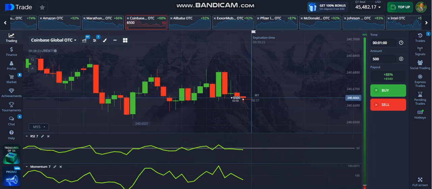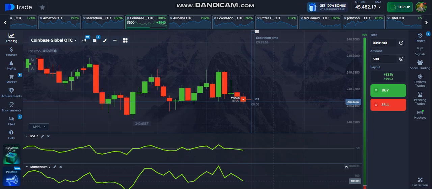Okay, so I'm on Coinbase Global here, and I just took a sell trade. The reason why I took the sell trade here is the RSI line, the green RSI line, crossed below the 50 line on the indicator here. And secondly, if you notice the momentum indicator, it started sloping in a downward direction here and just crossed below the 100 line on the indicator chart.